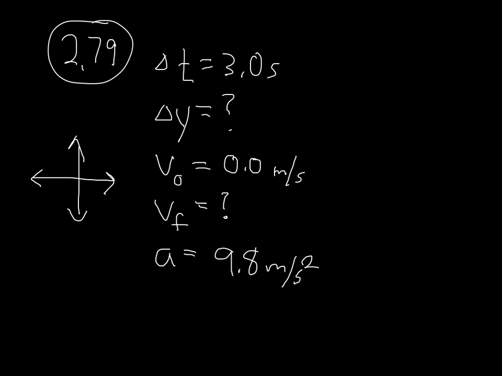I have to pick directions for being positive and negative. Usually what I do is I pick anything to the right is positive, and anything up is positive, anything to the left is negative, anything down is negative. So that means the acceleration is negative. If you're using my convention, you really don't need to pick. If you're going to use a different convention, then you should. So my acceleration here would be negative, just because I'm saying down is negative.